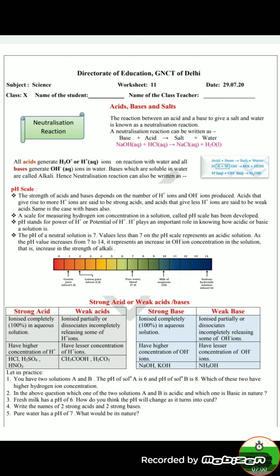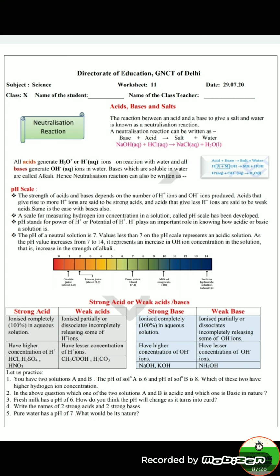Below it, student, there is gastric juice. The pH of gastric juice is almost 1.2. So its color is almost reddish orange or more towards orangish red.